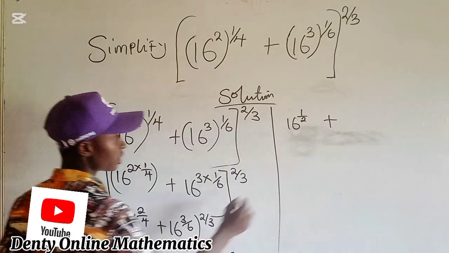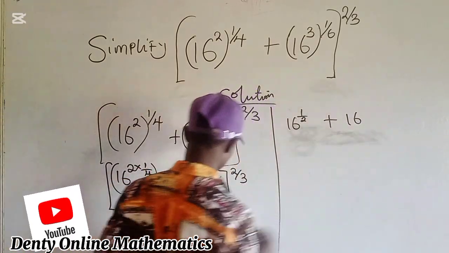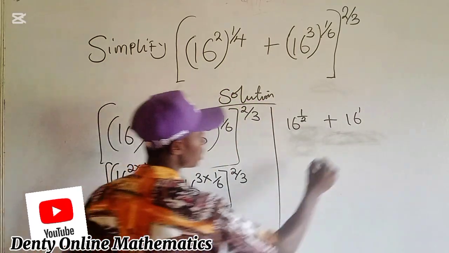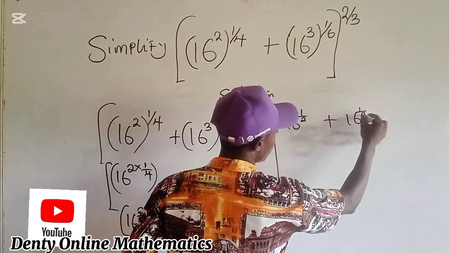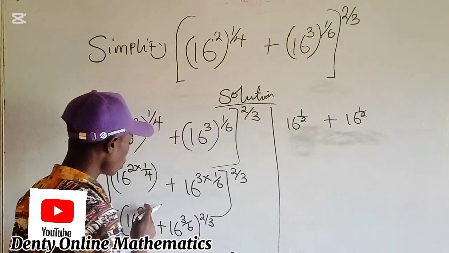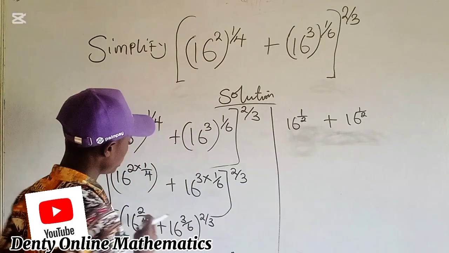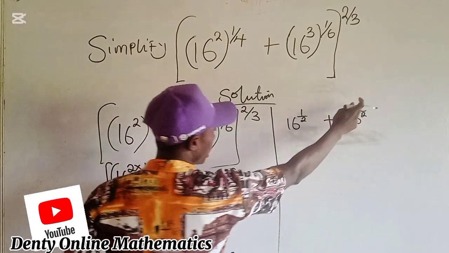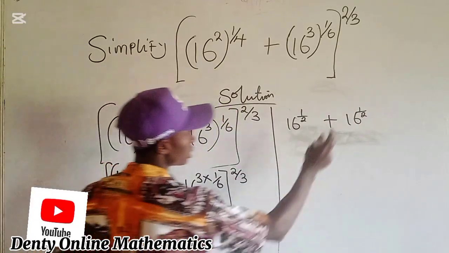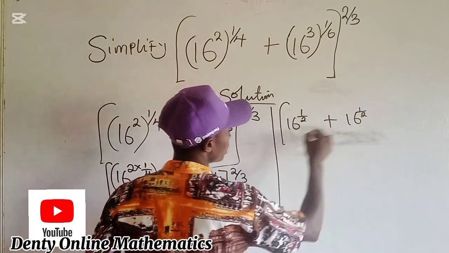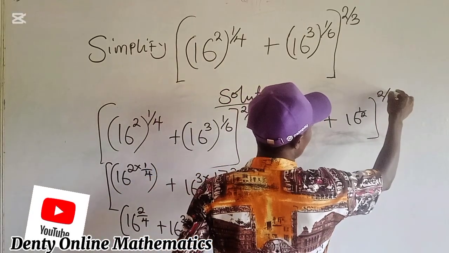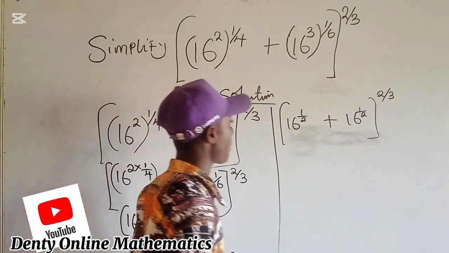Plus 16 again. 3 will go into 3, 1, and 3 will go into 6, 2. And all of this is raised to the power of 2 all over 3.